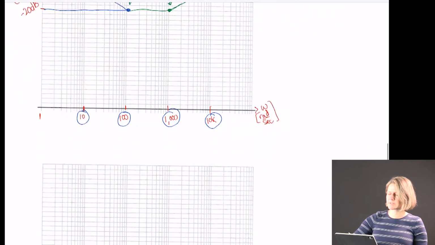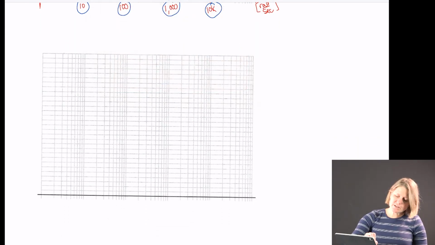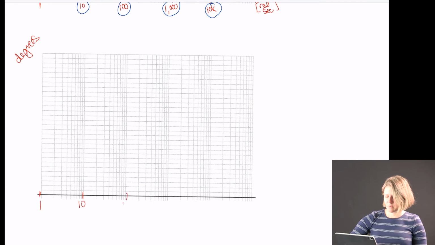So for phase, this is going to be in degrees. And again, we have 10, 1, 100, and then 1,000.